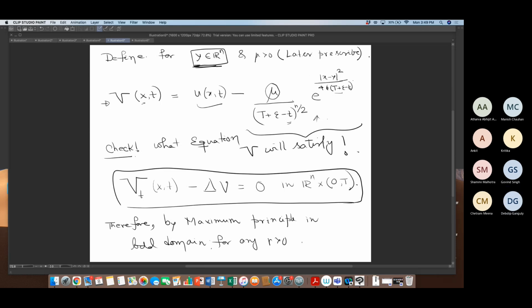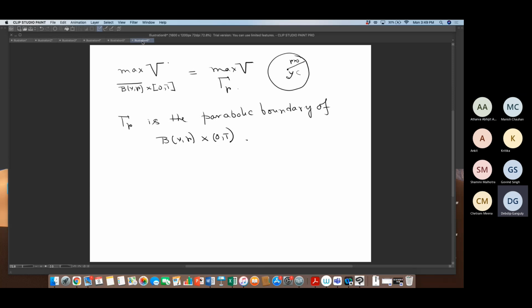Yes, sir. So maximum of V in B_r is equal to maximum of V on gamma r. Gamma r is the parabolic boundary. This is the boundary, and this is the parabolic boundary. So this part is not there. Clear? Good. So by the maximum principle, you have this.